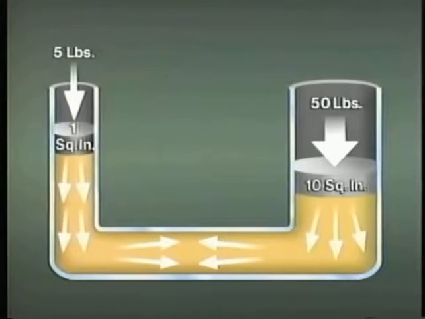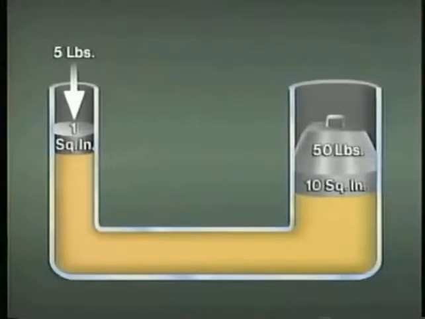This means that the 5 psi created by the force on the smaller piston can balance a 50-pound force, or load, applied to the larger piston. By producing a force greater than the force applied to the fluid, a mechanical advantage is created that's 10 times greater than the 5 pounds of force applied to the smaller piston.